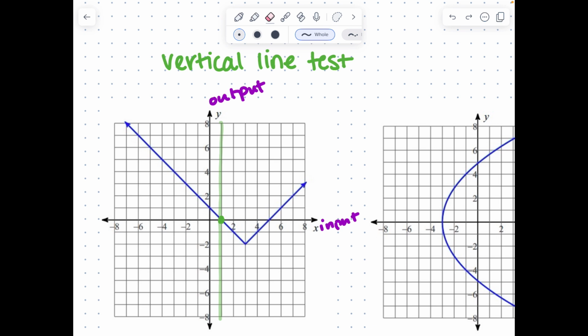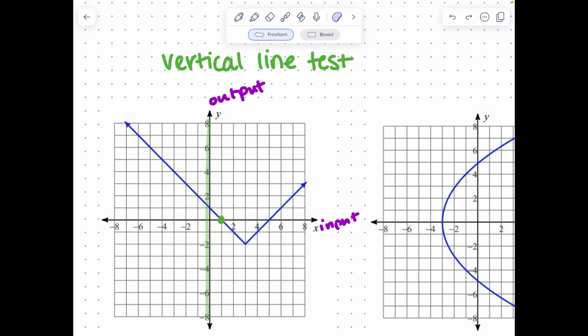We know what the x value is. In my drawing, it's positive 1. And I'm looking at, okay, where could we have y values? As you imagine dragging this vertical line left and right to see how it overlaps with the actual plotted graph, as long as your graph only ever intersects your line once anywhere you put it, like here, my x is 0, it only crosses one time.